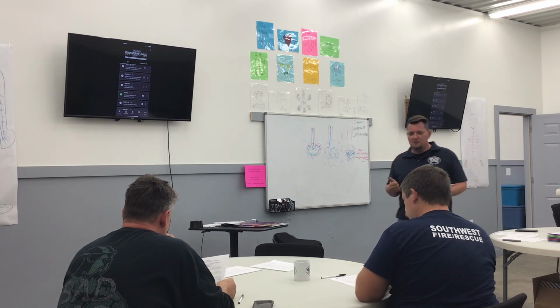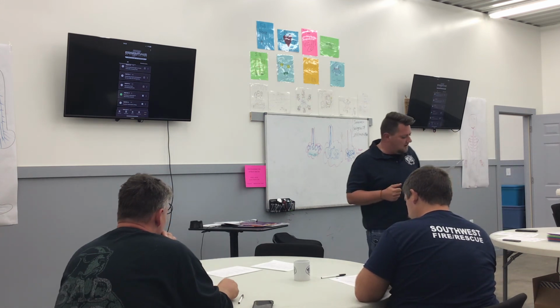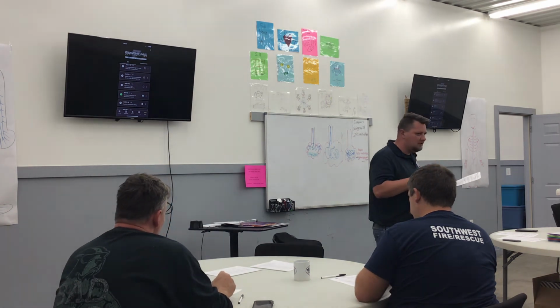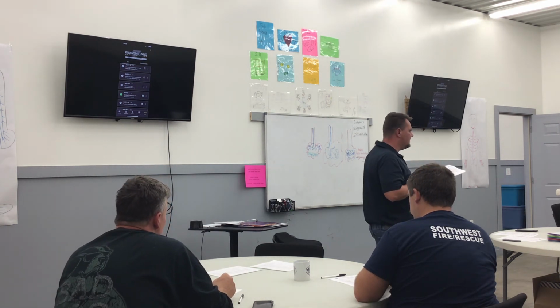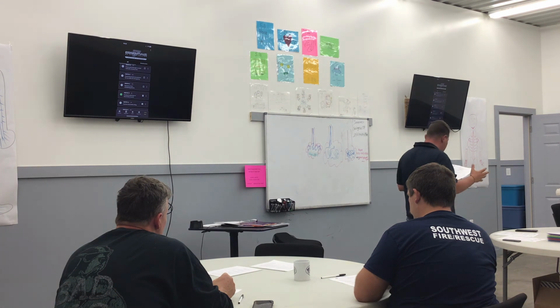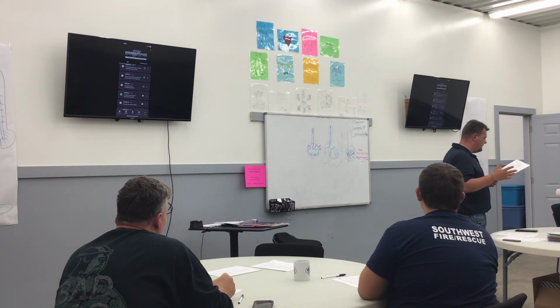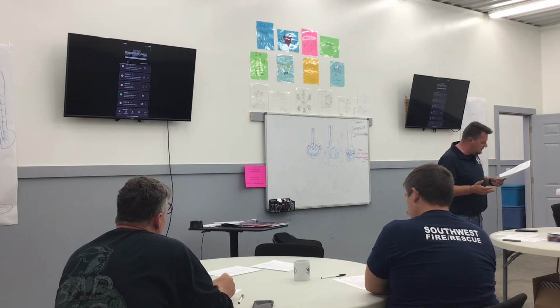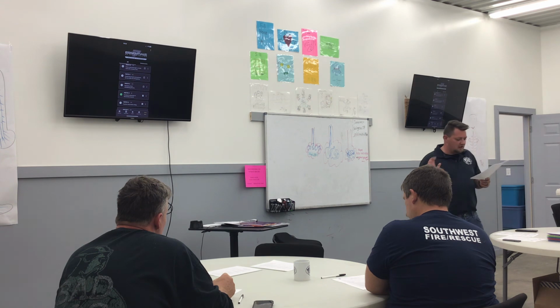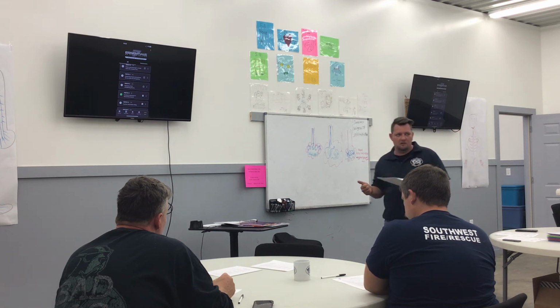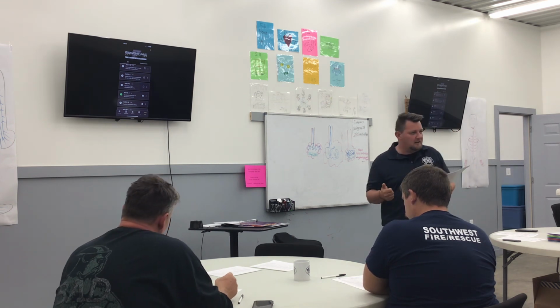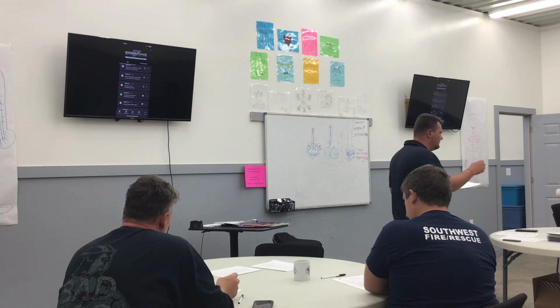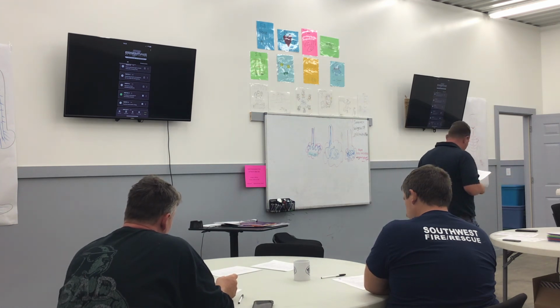Okay? So the way it should work is you get your team together, decide who's going to be team lead, and determine what kind of search pattern you're going to use. After you've gone through one room, you update your IC on your progress, and then mark the door as you exit that room.